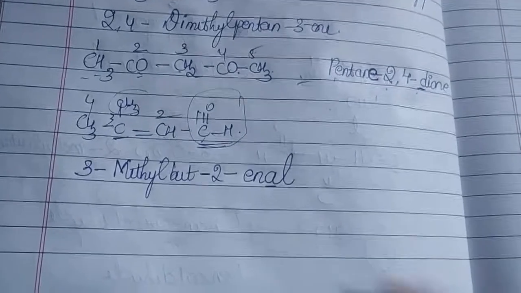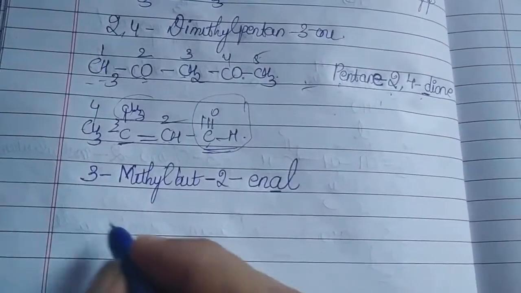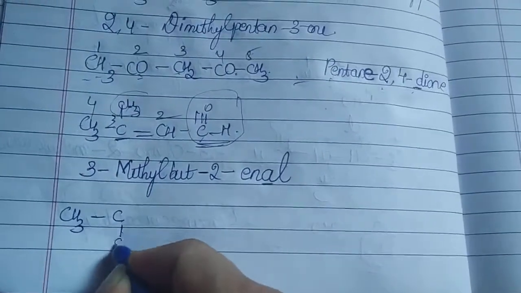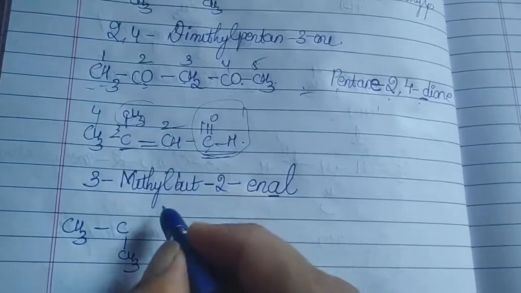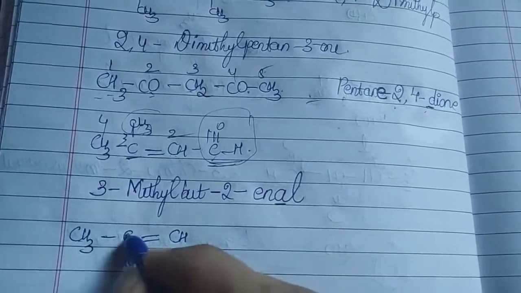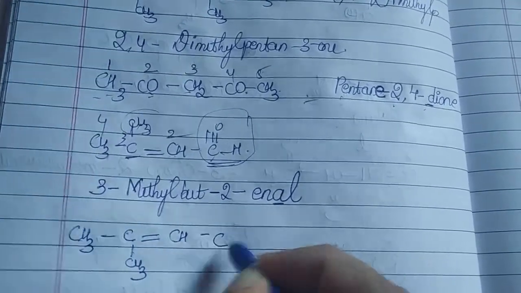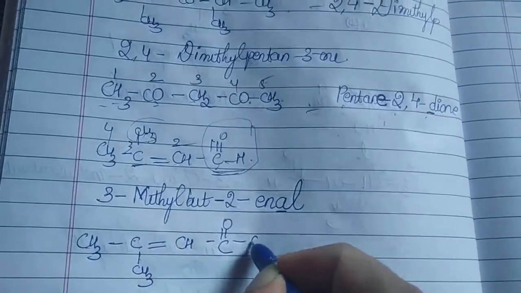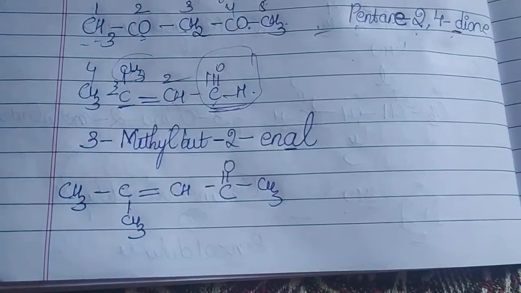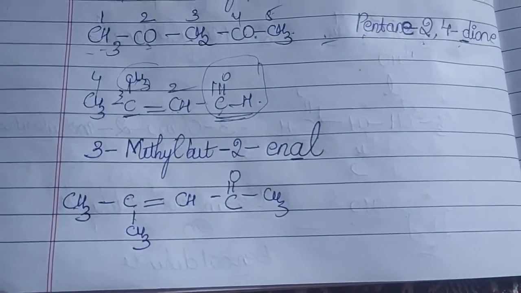Okay. Let us take a ketone example. Let me take CH3, CH double bond CH, then my ketone group and CH3. See whether all the valences are balanced. Since it's my example, okay, it's balanced.